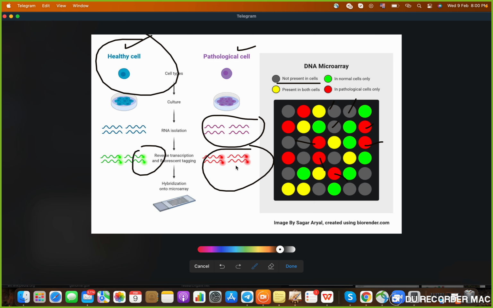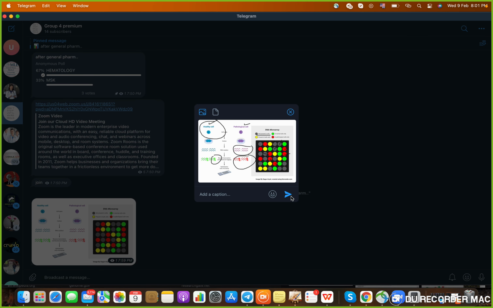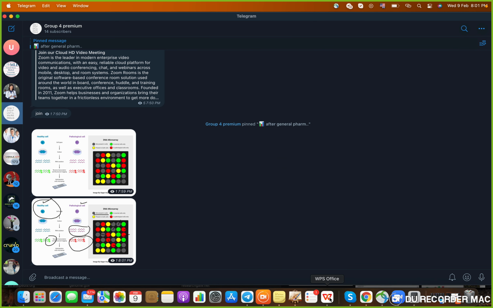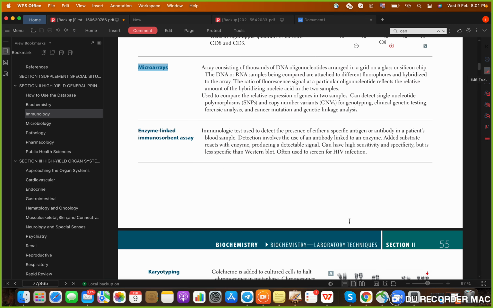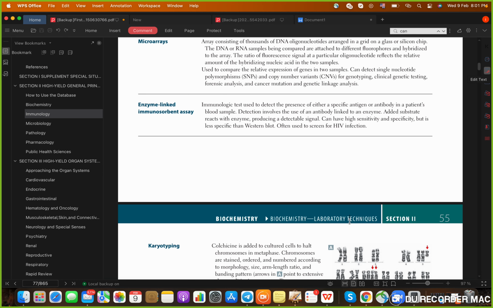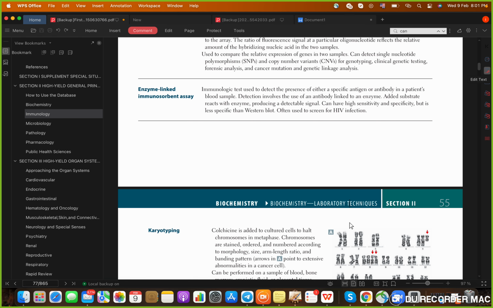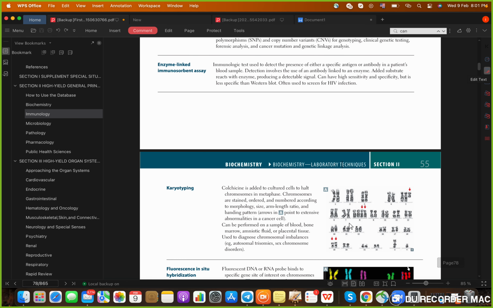So basically, we take this tagged DNA and we put it on the new culture so it can hit the pathological cells or even the healthy cells, and thus you can determine the ratio between healthy and sick cells inside of the specimen, okay? So this test is not used that often anymore, but still, you need to know everything. It's still used in forensics, otherwise it's not.